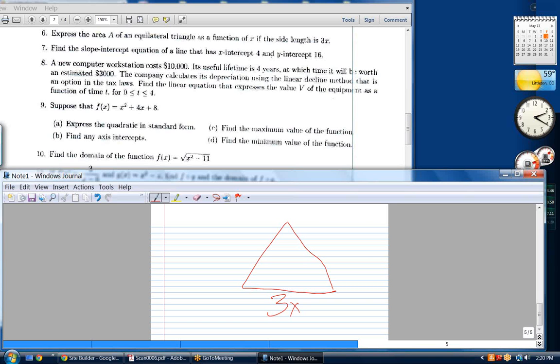There's also a formula for the area of an equilateral triangle as a function of one of its sides, which would be considerably easier. I believe it's square root of 3 over 2 times the side length. But let me just check that.